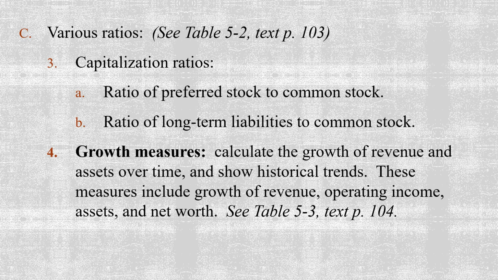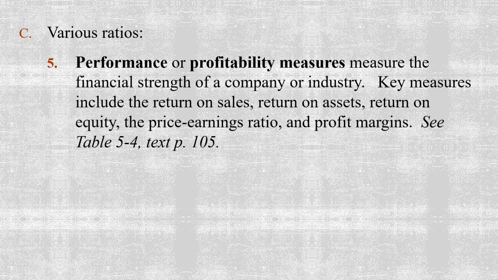Growth measures, they calculate the growth of revenue and assets over time and show historical trends. These measures include growth of revenue, operating income, assets, and net worth. And if you want to take a look at how these things are manifested, you can look at the table in your textbook. It'll give you a better idea of the way that some of these things are being used.